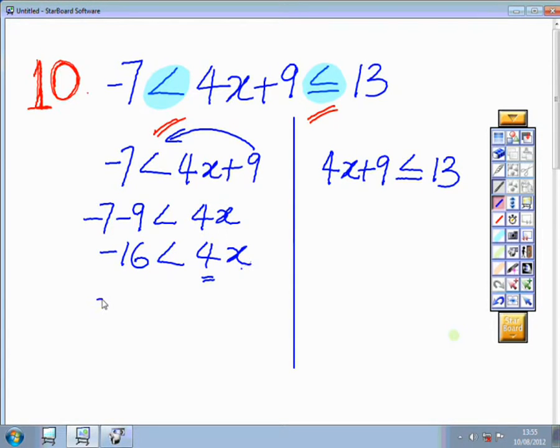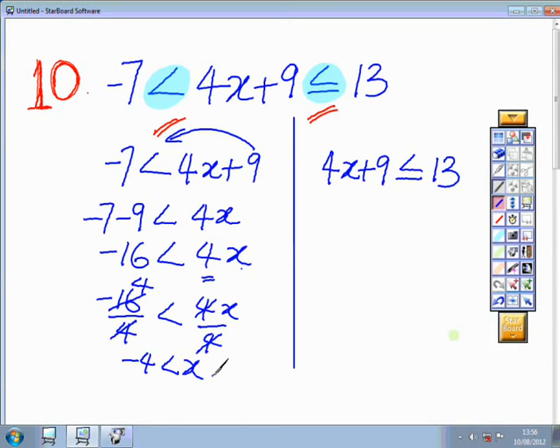So we have minus 16 divided by 4 is less than 4x divided by 4. This cancels out, and 4 goes into 16 four times. So we have our final statement to be minus 4 is less than x, and that ends the solution to that inequality.